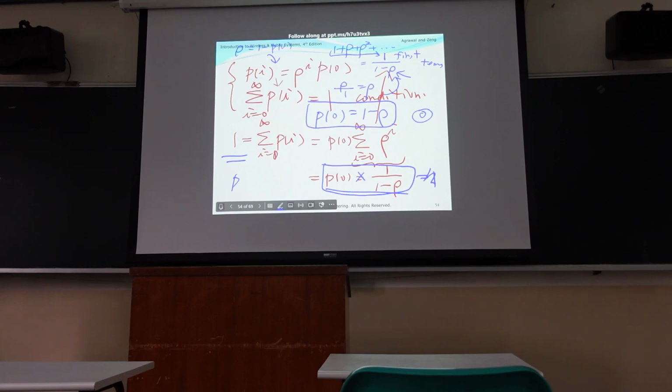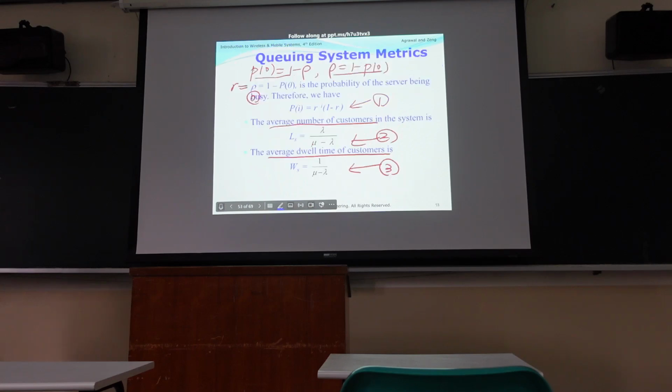Oh, sorry, wait a moment. Not this one. So replace this. So we have the first equation. The first equation says P of I equal to rho to the I. So the first equation equals this.